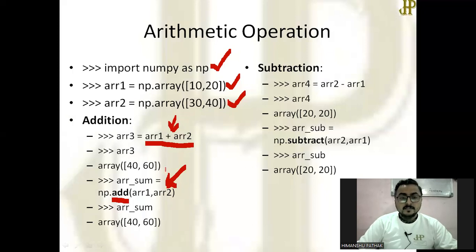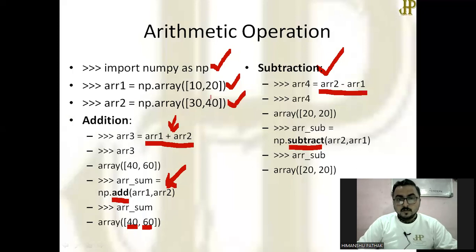So here you can see that 10 plus 30 will print out 40, 20 plus 40 becomes 60. Clear? The same thing can happen with subtraction. The minus operation can be performed. Other than this, the subtract method can be used.